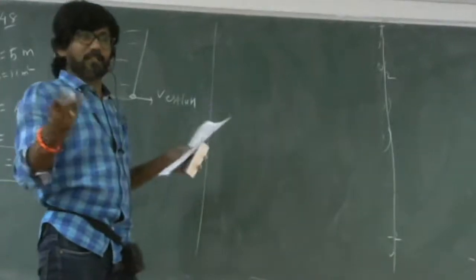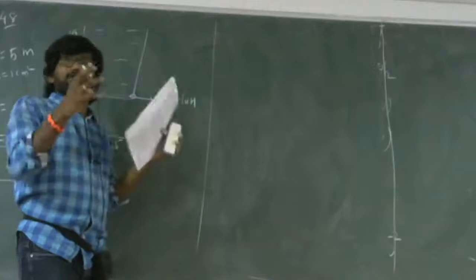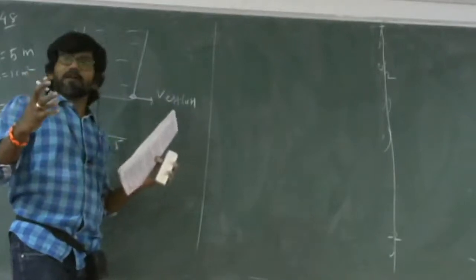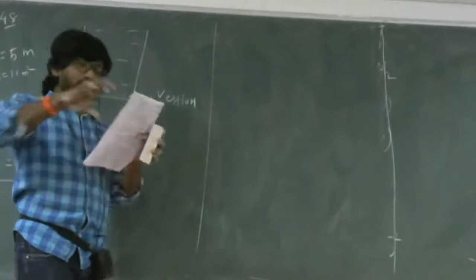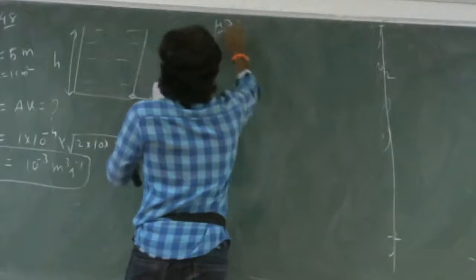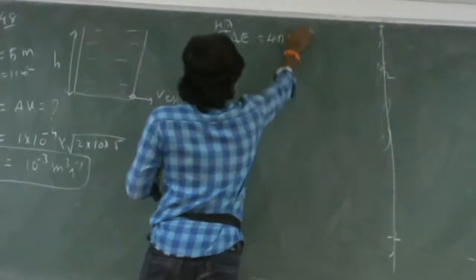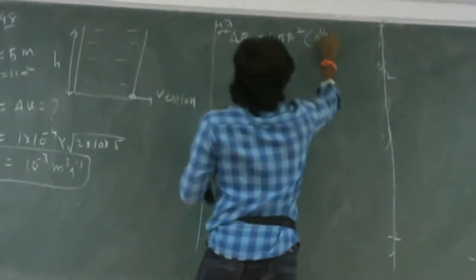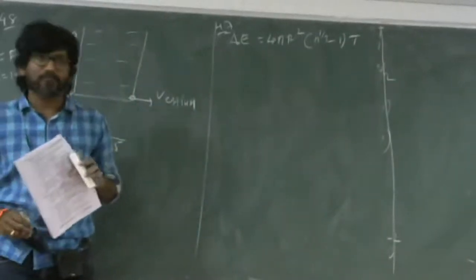Energy expended means energy difference. The energy stored in a number of drops minus the energy stored in the bigger drop, that is the change in energy. It is equal to 4 pi r square into n power 1 by 3 minus 1, into surface tension. You can use this relation directly.